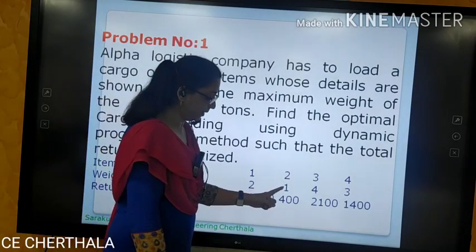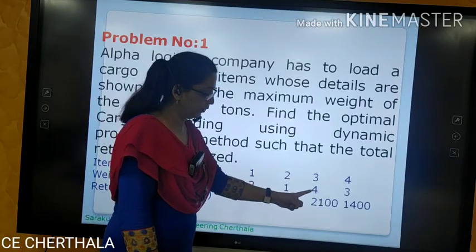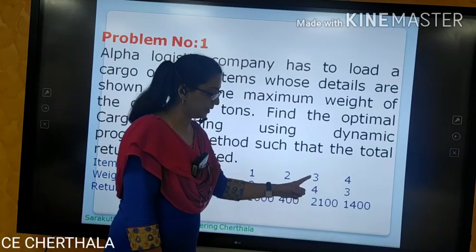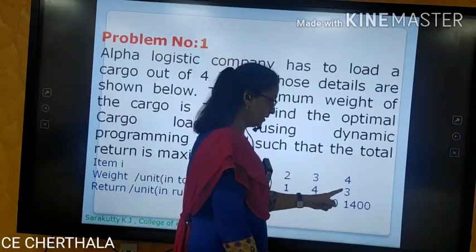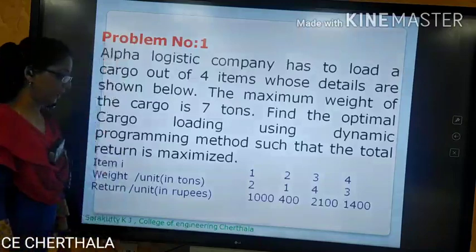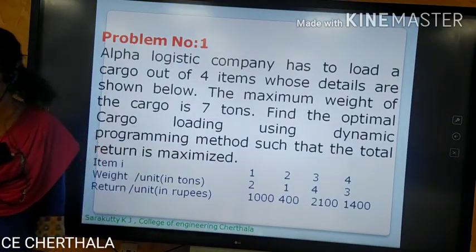Similarly, allocated weight by 1 into 4000 is the return of item number 2. And allocated weight by 4 into 2100 is the return of item number 3. And allocated weight by 3 into 1400 is the return of item number 4. So in stage 1, we are dealing with item number 1.